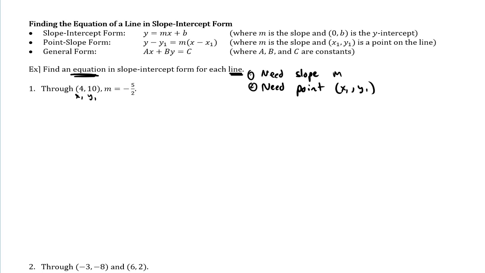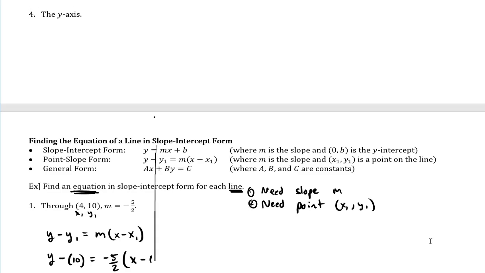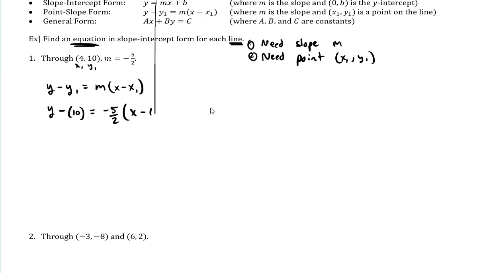And then from here, we're going to start with the point slope form of a line. We can do it in other ways, however, I think this is often the most straightforward method. And once we have this set up, we'll just plug all this stuff in. So we have y minus y1, which is 10, equals m, which is negative 5/2, times x minus x1, which is 4.